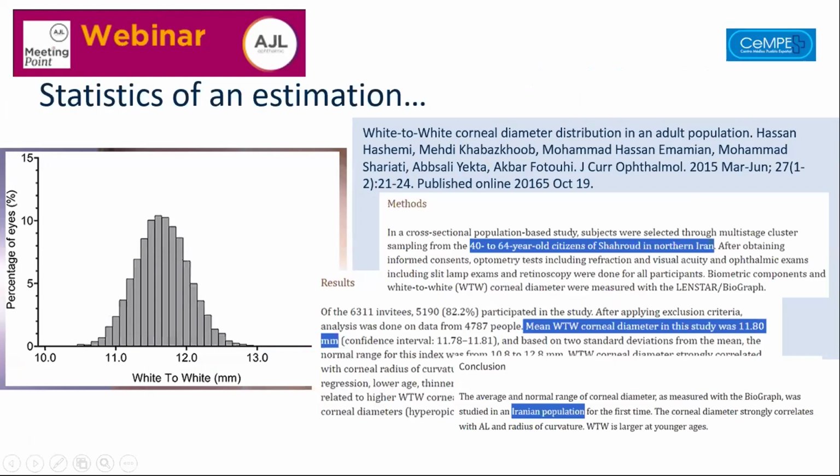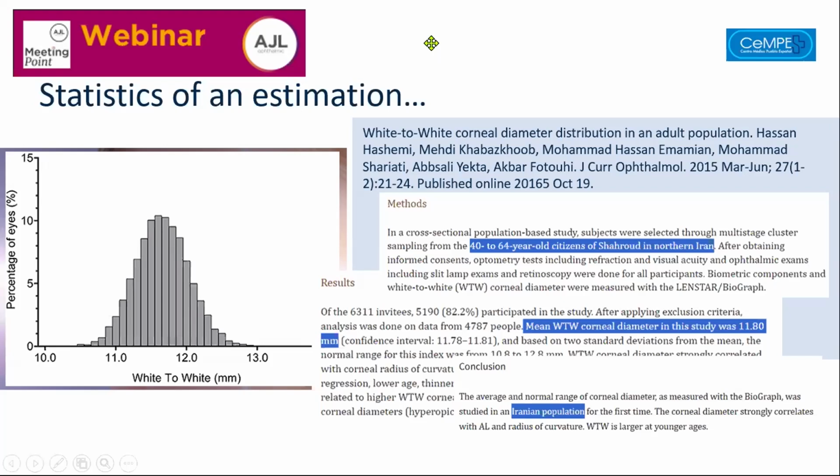This is a study which has been the base stone for the new topographers, which do more than one thing, like measuring white to white, estimating the anterior chamber depth, and all the other measurements, like at least five.